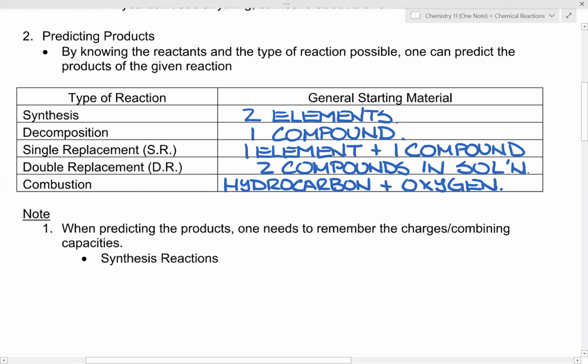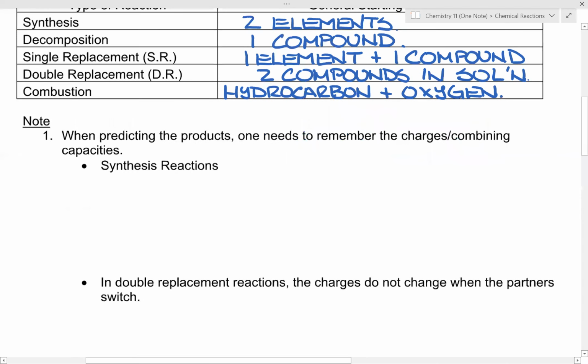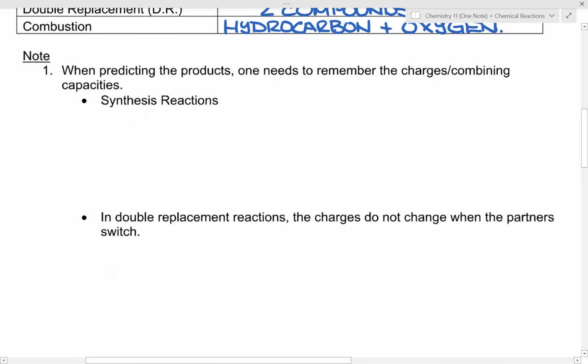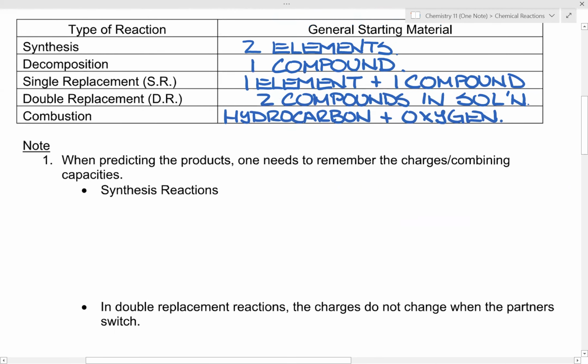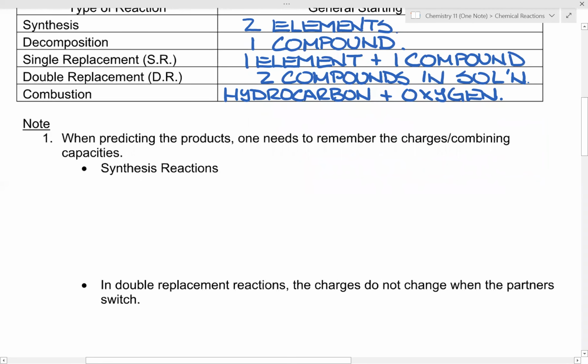Again, in Chemistry 11, we're giving you a very narrow focus, but at least we're giving you a starting point. When predicting products, one needs to remember the charges and combining capacities. So let's say for synthesis reactions, we had aluminum plus oxygen. We have two elements, and most of you are saying, oh yeah, two elements form one compound.